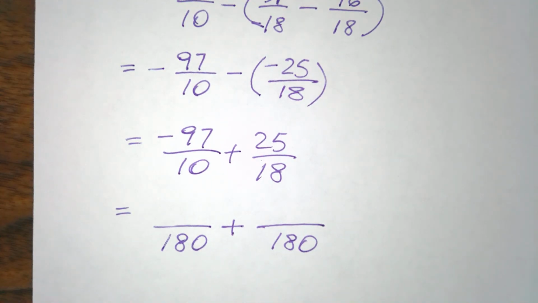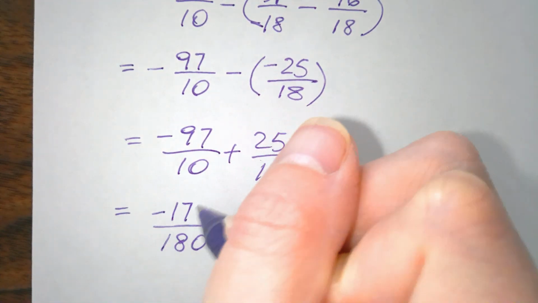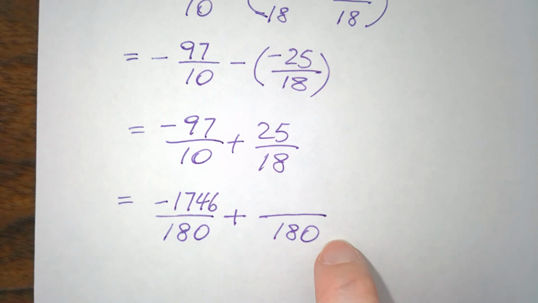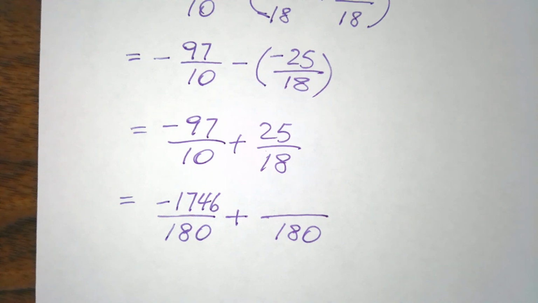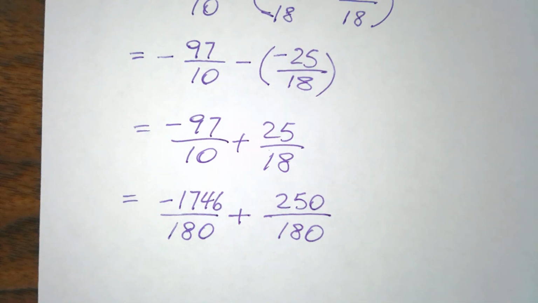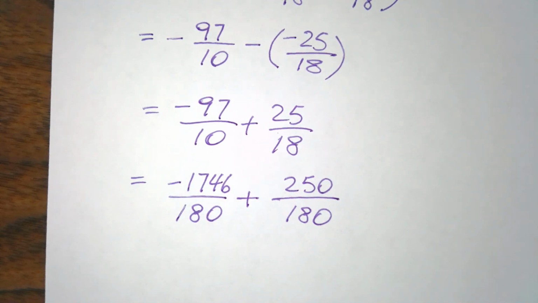So negative 97 times 18, you get negative 1,746. Right? 18 times 10 gives you 180. So 25 times 10 gives you 250.